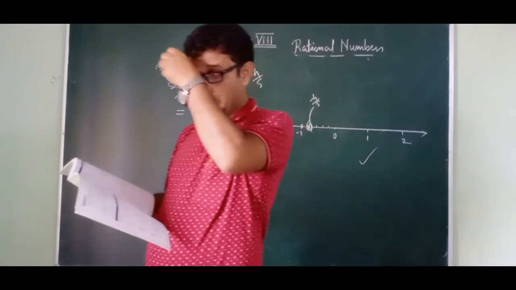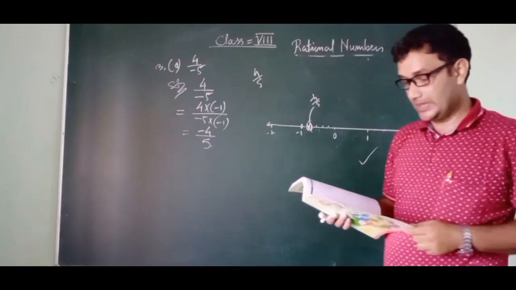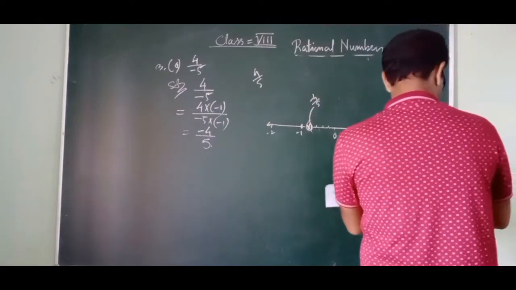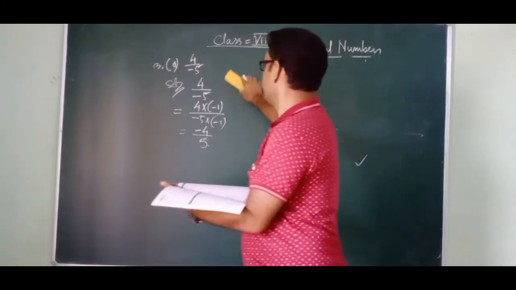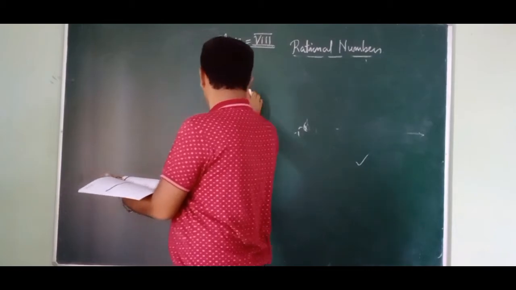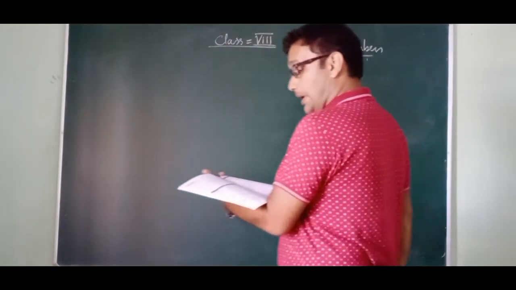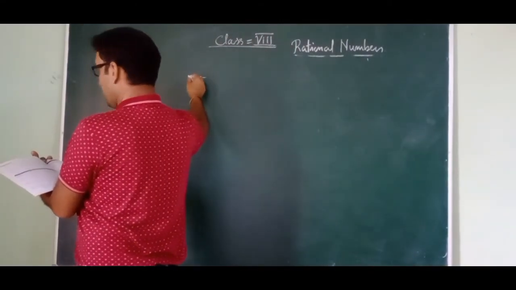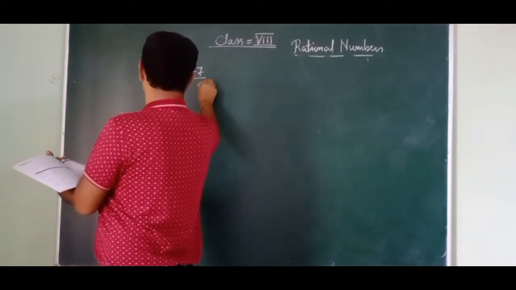Next, question number 4. Question number 4 means what? Express minus 7 by 9 as a rational number with numerator minus 28. Here you see these questions. Your rational number is given, minus 7 by 9.